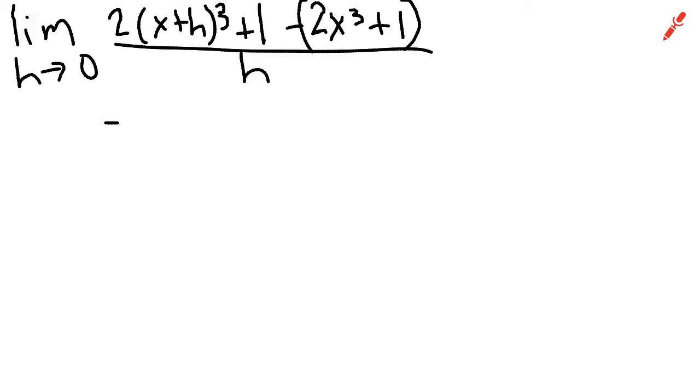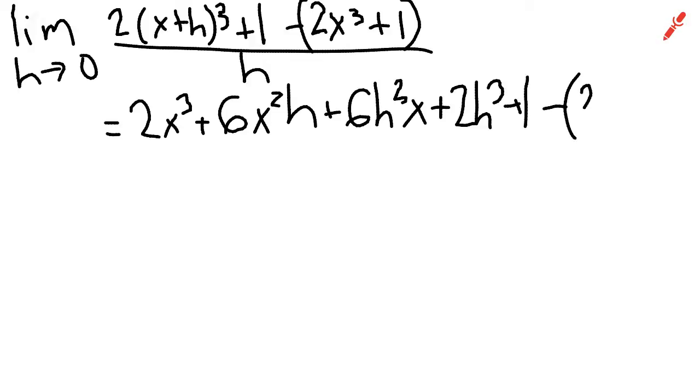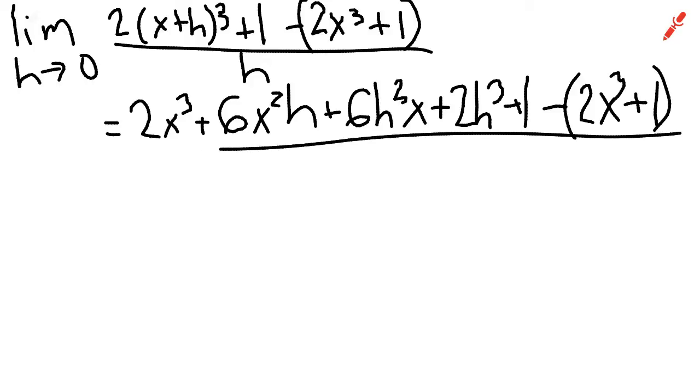And then we continue. The limit is equal to 2x cubed plus 6x squared h plus 6h squared x plus 2h cubed plus 1 minus 2x cubed plus 1, all of that over h.